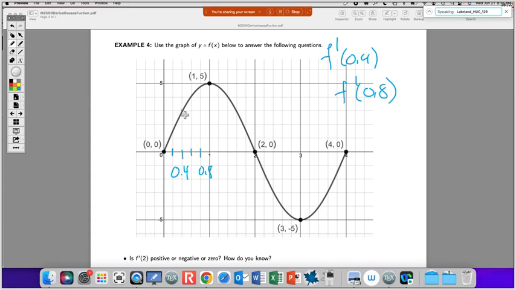So I come up to the curve and I kind of rough in the tangent line at those 2 points. Which one's bigger? When we talk about bigger, we're looking at the slopes here. So which slope is larger and why? Yeah, the one at 0.4 is larger because it's steeper. You follow?